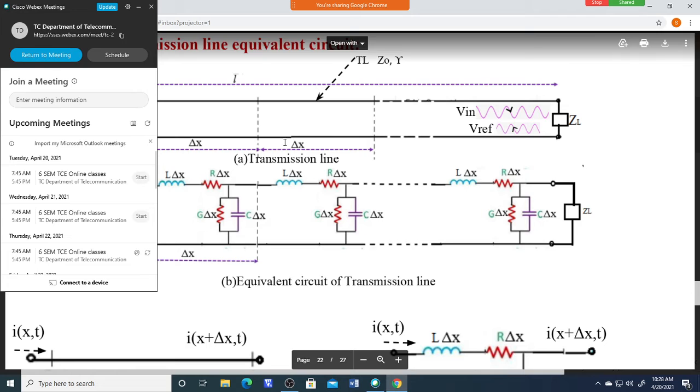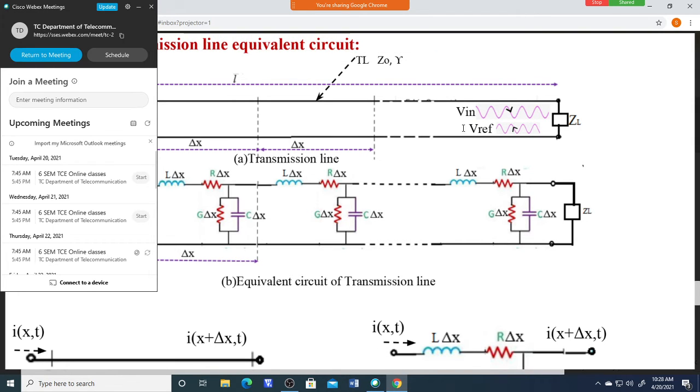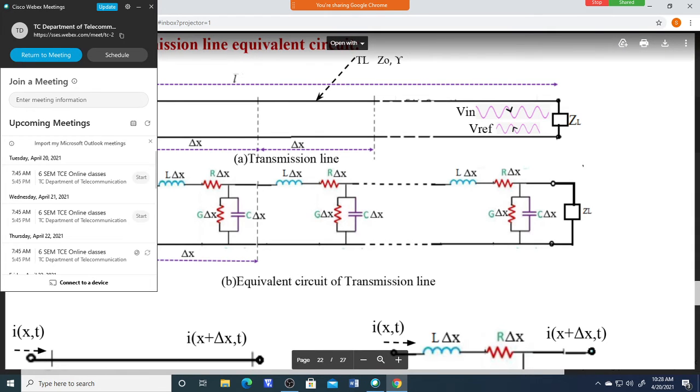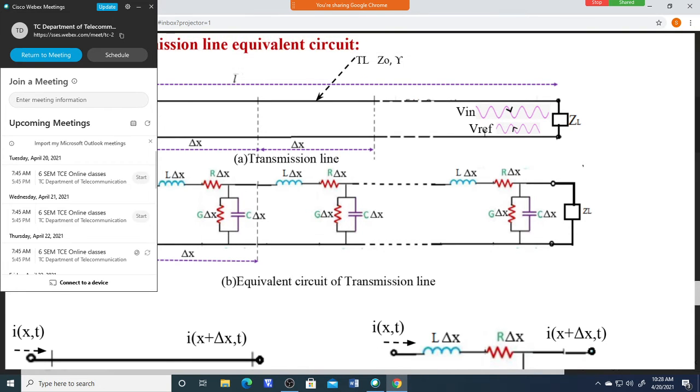Towards the source we are moving for this wave. So the amplitude of this decreases as we move towards the source. But the amplitude of the incident wave decreases as we move towards the load here. So distance notation is very important here with respect to this incident wave and the reflected wave.